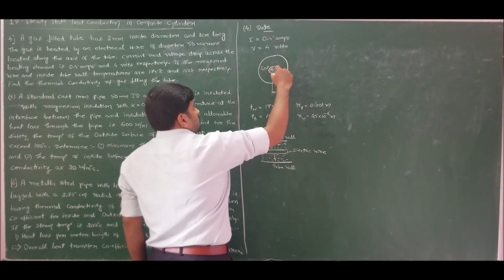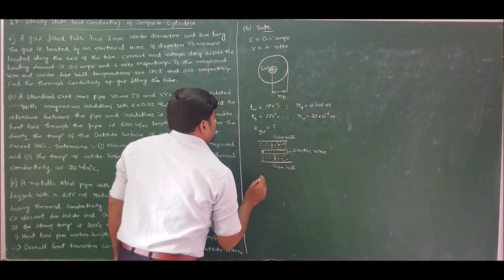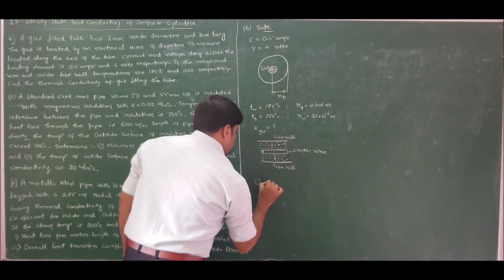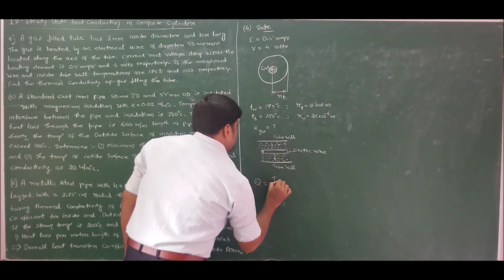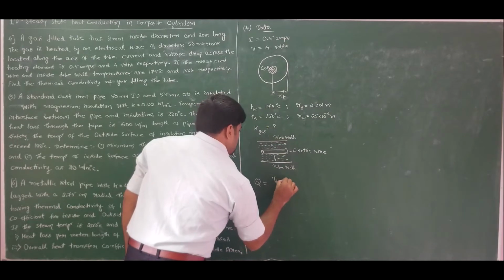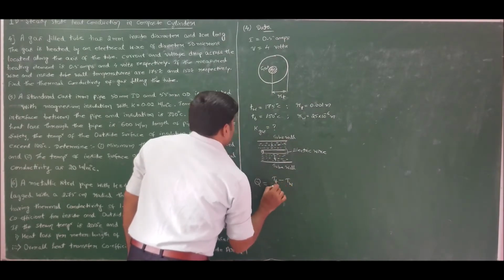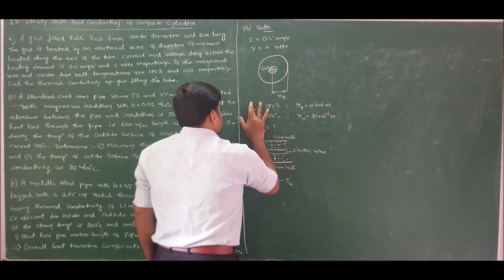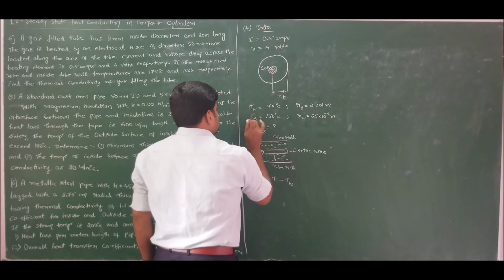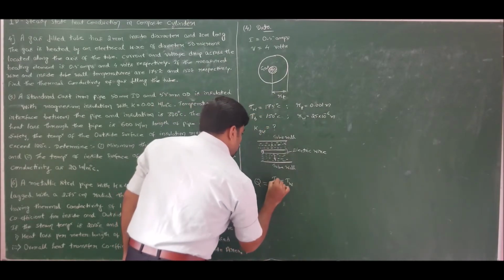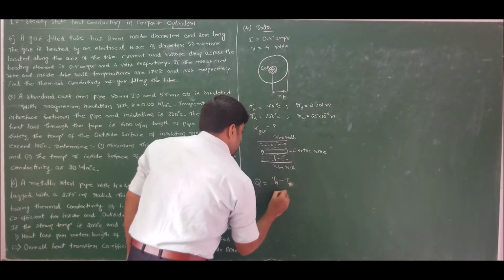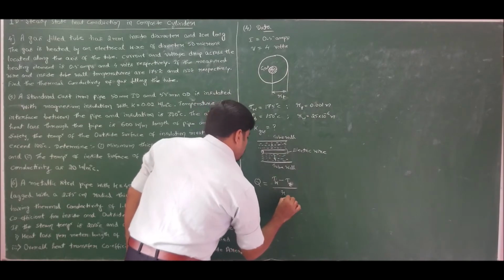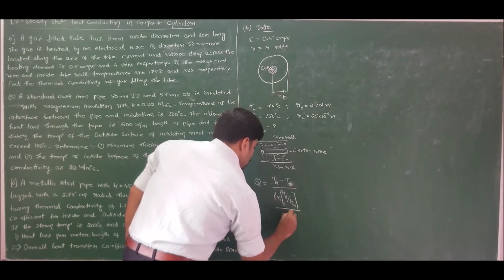So we know that the conduction mode of heat transfer in the cylindrical coordinate for one dimension is given by Q is equal to temperature of wire minus temperature of tube, divided by ln of inner radius of tube over radius of wire, whole divided by 2 pi K L. We should use capital letters for temperature, small letters for thickness.